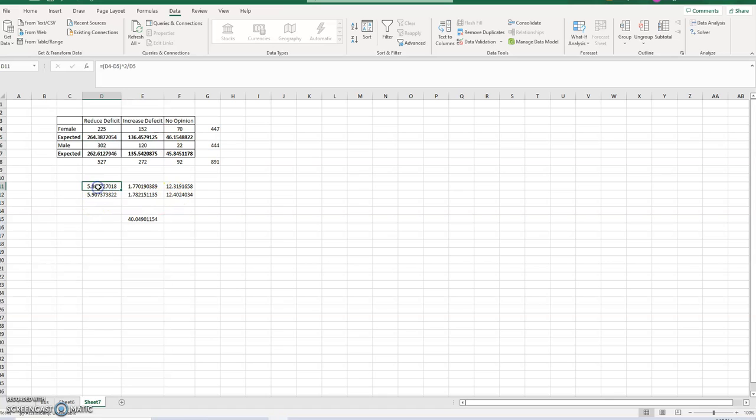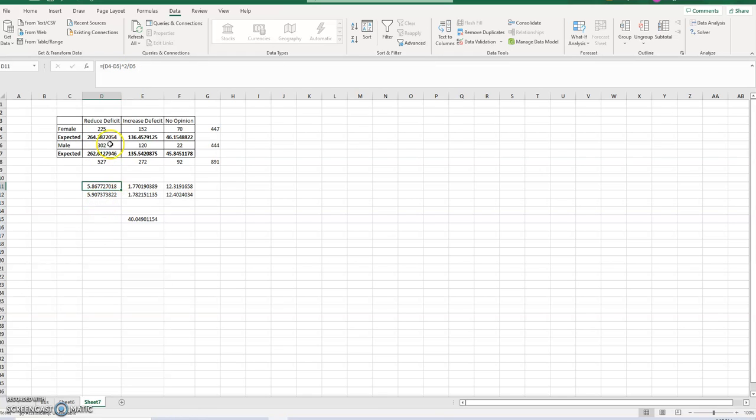Then what we're going to do is take the difference between the actual and the expected, square it, and then divide that value by the expected value.